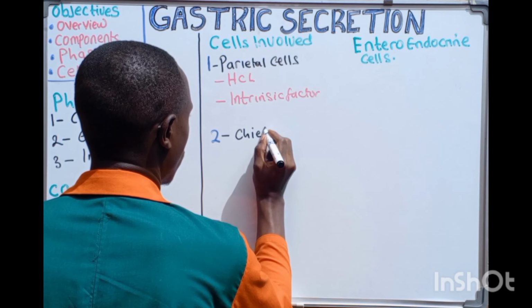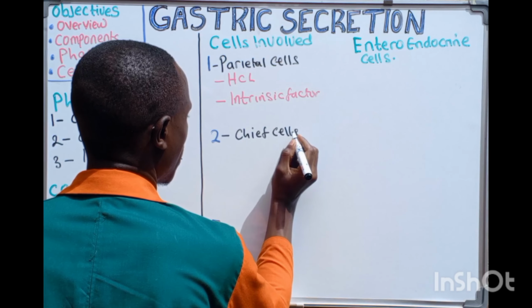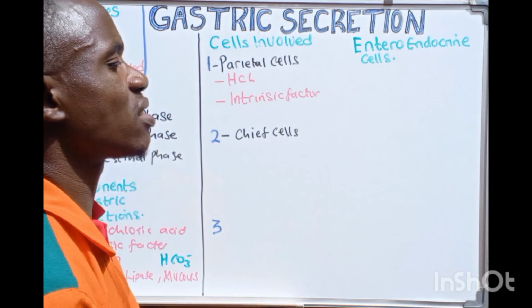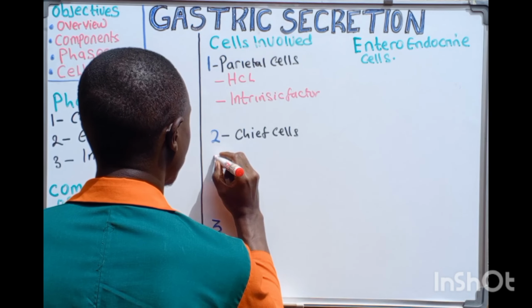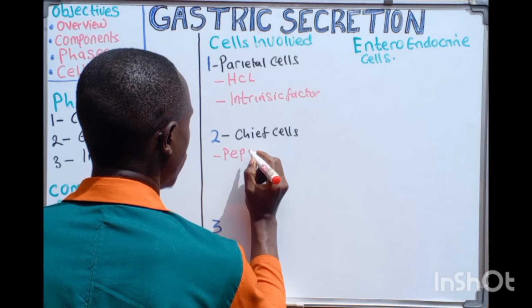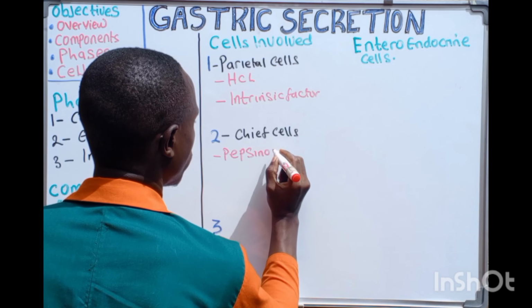Another cell is the chief cell. These chief cells are very important in the production of pepsinogen.